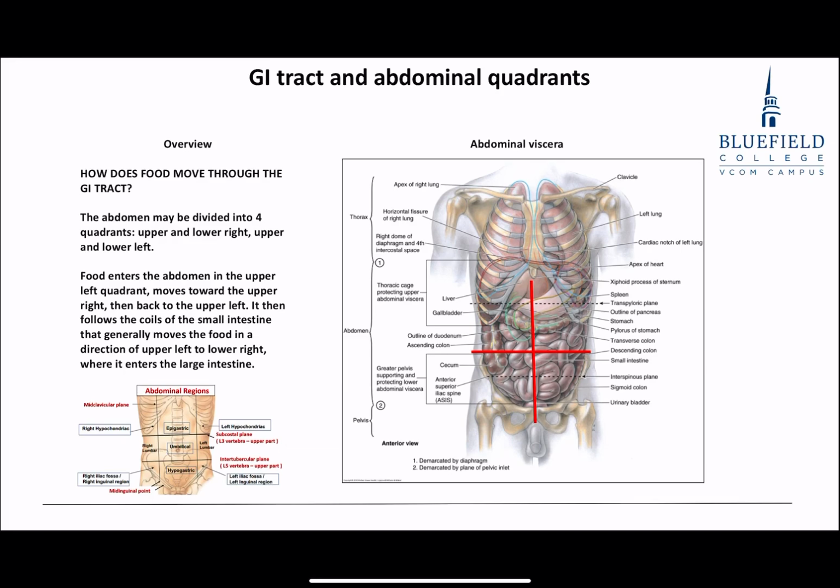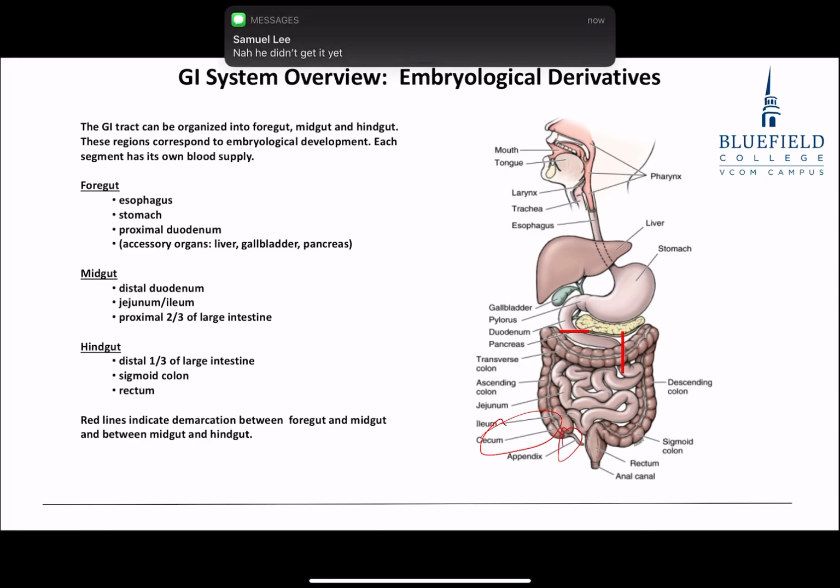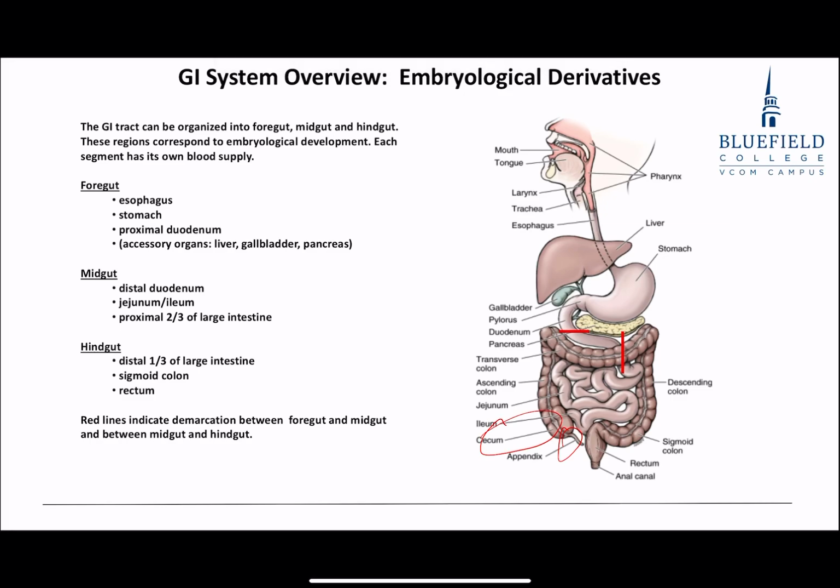I didn't mention this when we were talking about the general organization, but here's the origin of the large intestine. I refer to that as the cecum. And attached to the blind end of that pouch is this structure here, the appendix. So you can see how that would be pain that is generated from that could localize to the lower right quadrant.